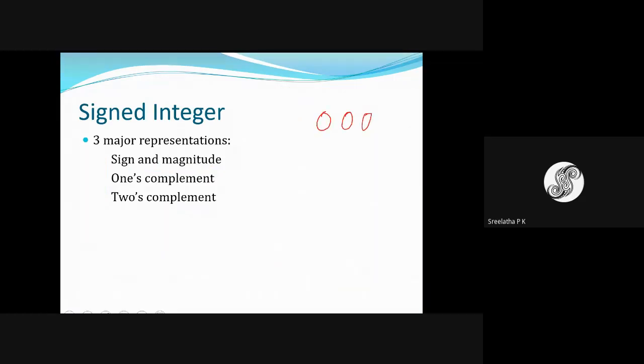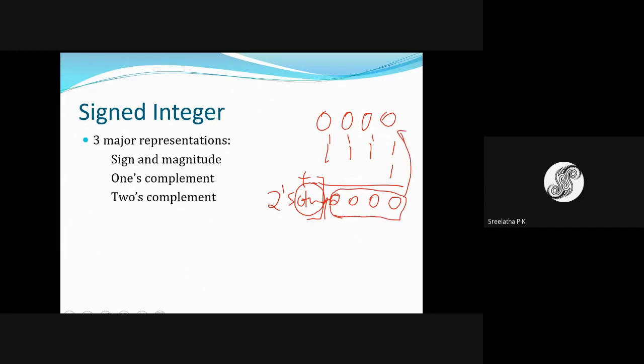So this is 0, and for 2's complement, if I check, okay, 1's complement plus 1, you get this. You get zeros only. Okay, the last bit is actually discarded during addition. We'll see that later. So you get zeros only. So you don't have 2 zeros. There is only positive 0.